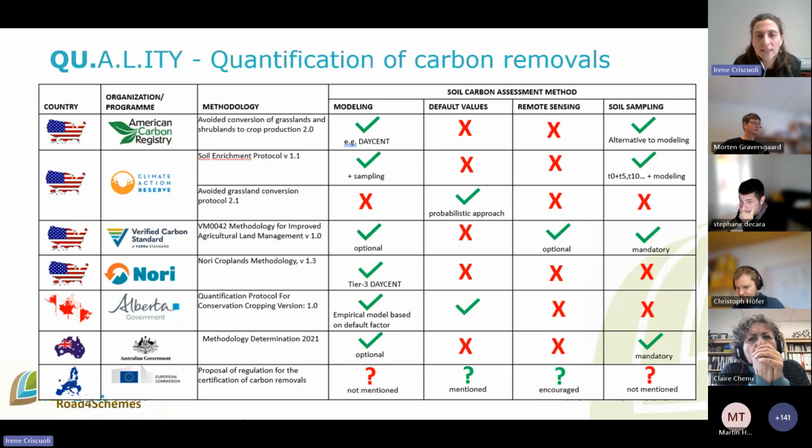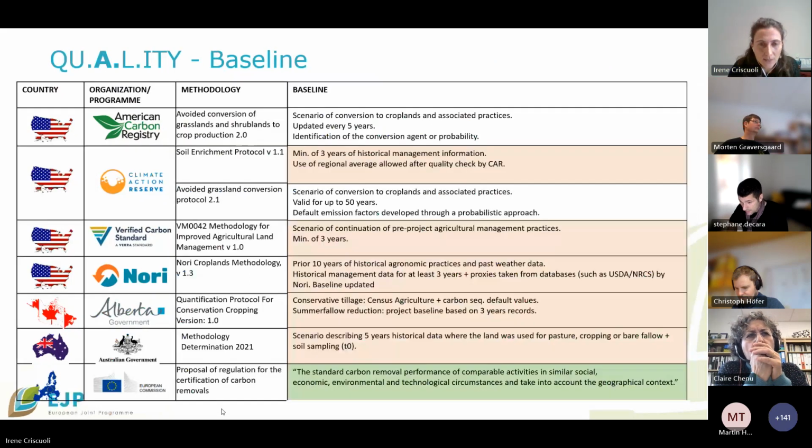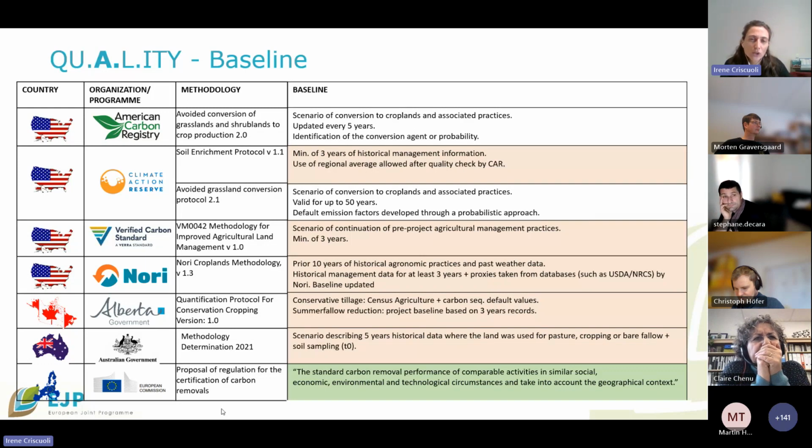We can see that usually the most used quantification method for soil carbon is modeling coupled with soil sampling, while, as I said before, the European Commission is going maybe towards default values and remote sensing. Another example is the baseline. As I said before, in Europe we are going for a standard baseline, while usually in these other extra-European methodologies, we go for a baseline based on historical data at the farm level. So it's much more precise.